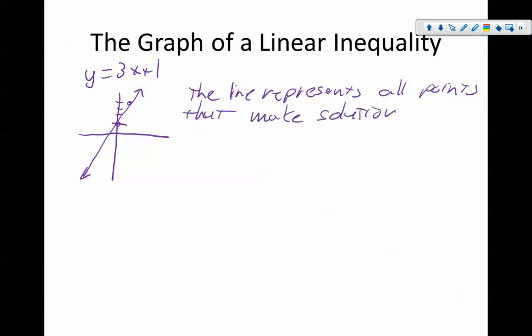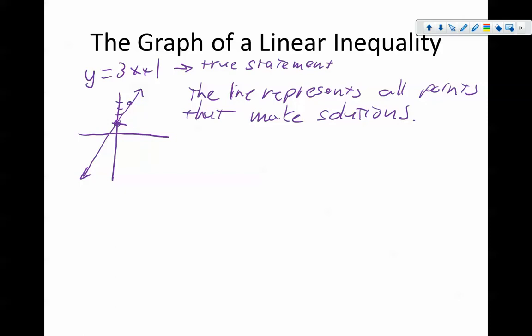Now, this is important because what we are looking at graphically is a representation of every point that makes this a true statement. So every single combination of x and y that makes a true statement is represented on this line.